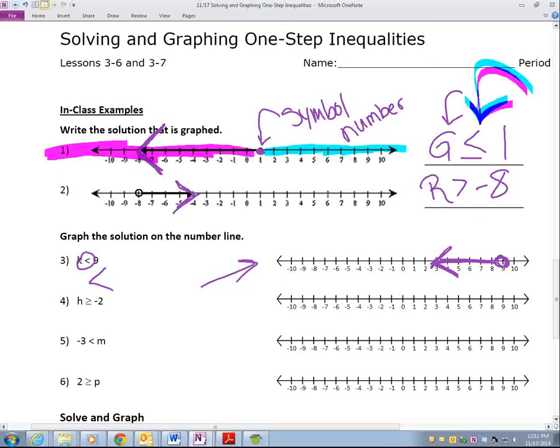And ladies and gentlemen, that is what an inequality is. When we were solving equations, that is saying the variable equals this, and that's it. But now it's showing a collection of numbers that the variable can be. All right?